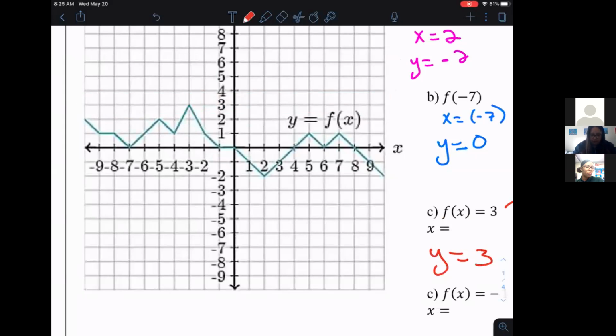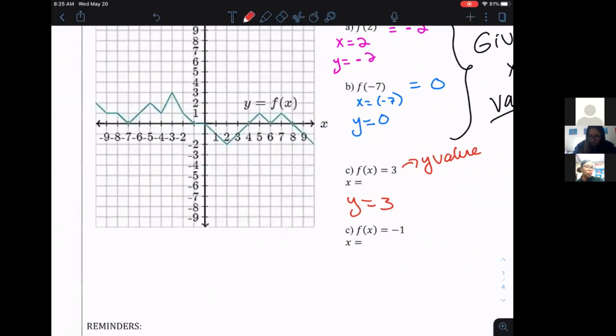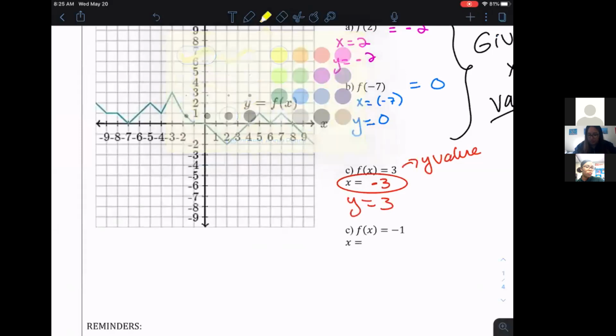So after I look at the y value, I need to go down and figure out what my x value is. So you should see it here now. When y is 3, x is -3. X is -3. It should have been our final answer there.